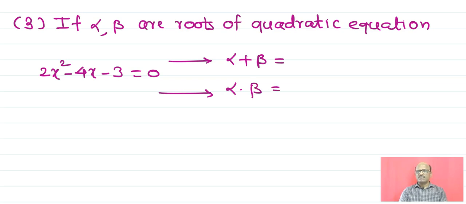Alpha plus beta is minus b upon a. Alpha into beta is c upon a.